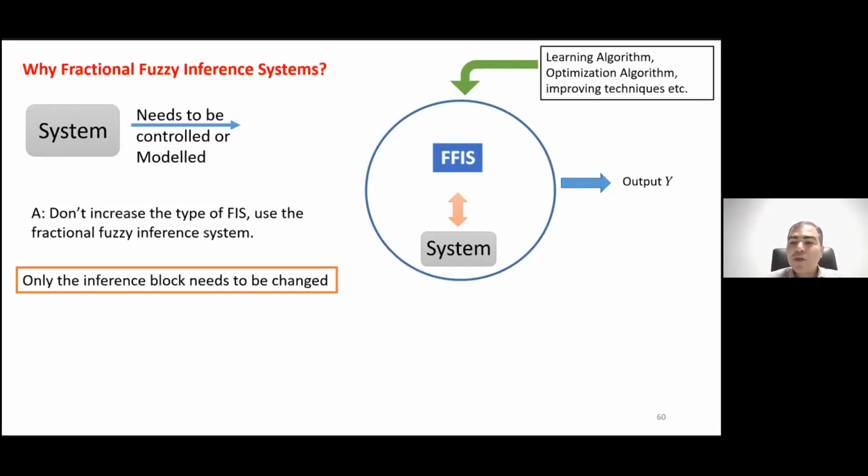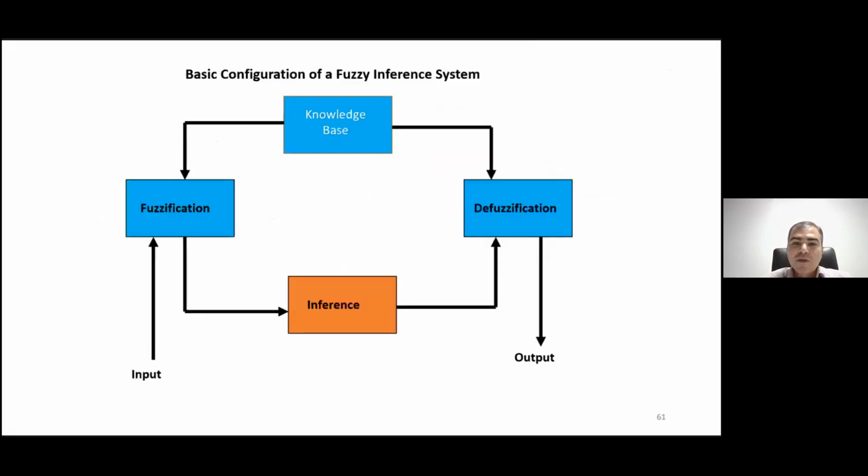If we want to improve the performance of these systems, we only need to change the inference block, the way of thinking of the machine, based on which it reasons and produces the output. So only this block needs to be changed.